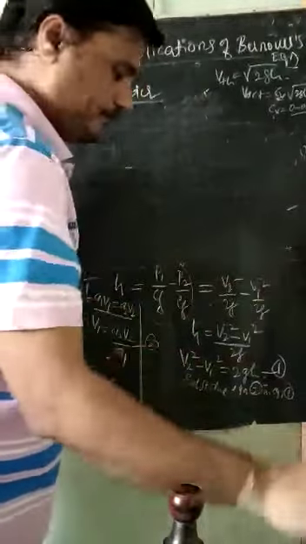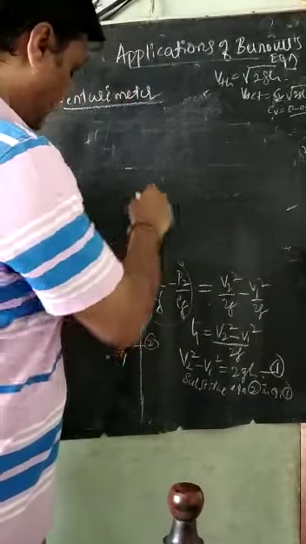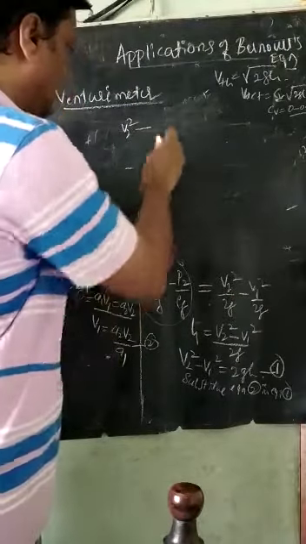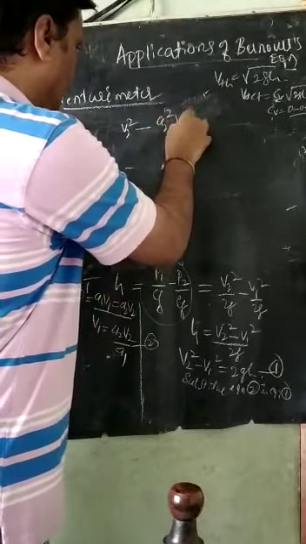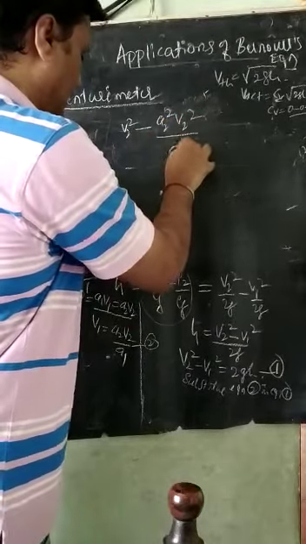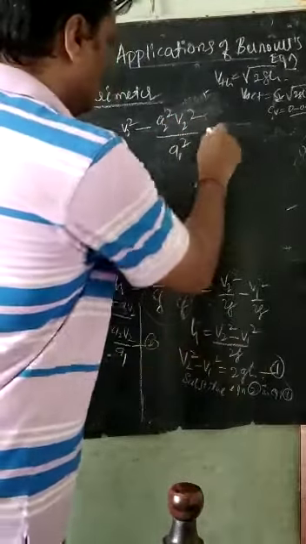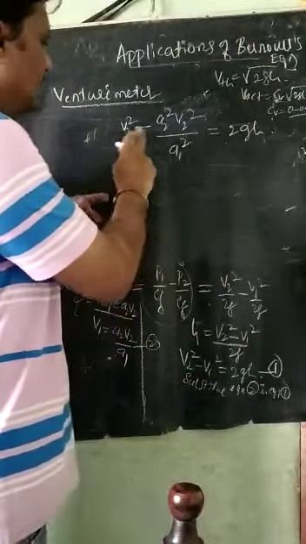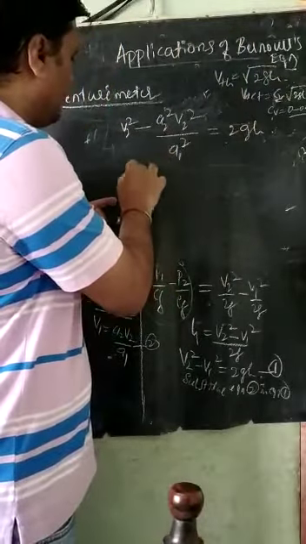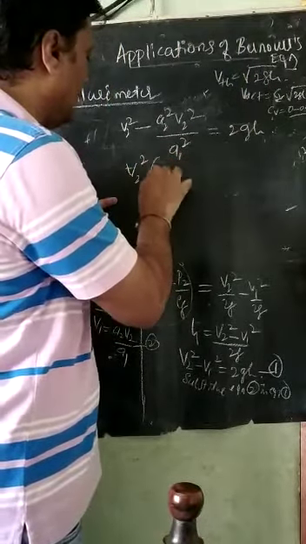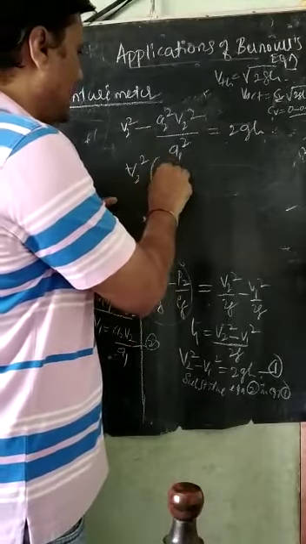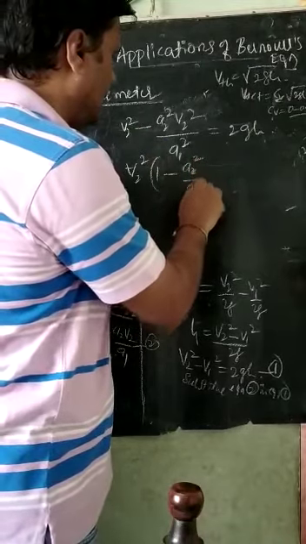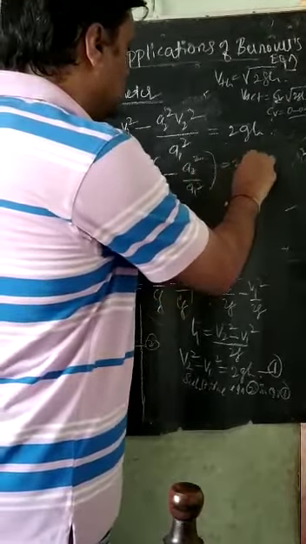Now V2 square minus V1 square gives V2 square minus A2 square V2 square divided by A1 square is equal to 2gh. In these two terms V2 is common, so what is left is V2 square into 1 minus A2 square divided by A1 square is equal to 2gh.